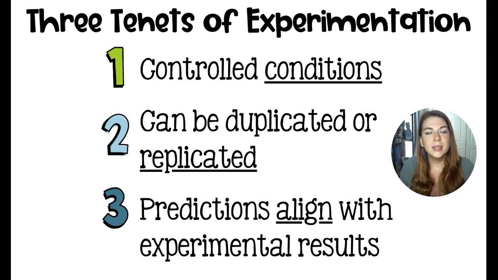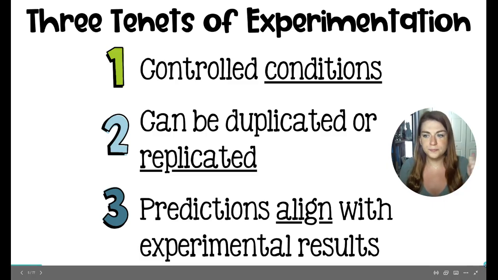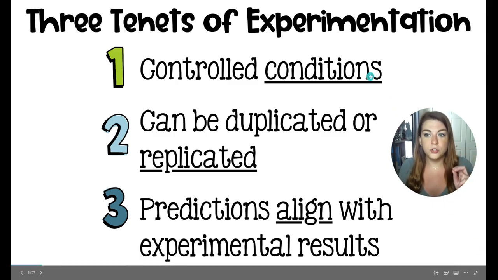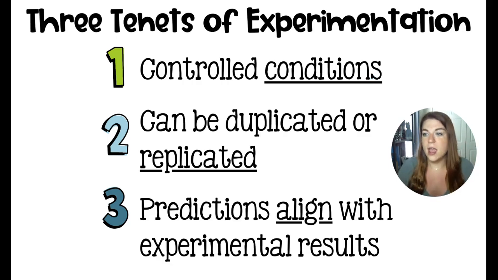We are going to do this in a lab setting or in your kitchen where you can control the temperature. You can control to some extent the humidity. We're not going to do half of an experiment in the desert and half of it in Antarctica. That just wouldn't make sense. We want our conditions to be controlled as much as possible.